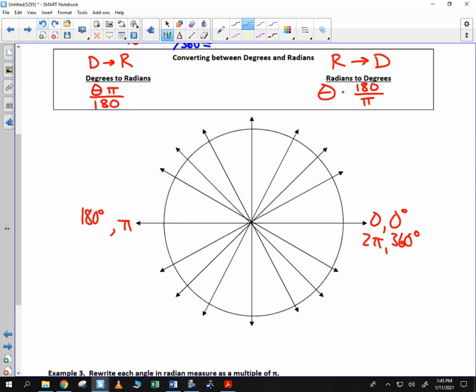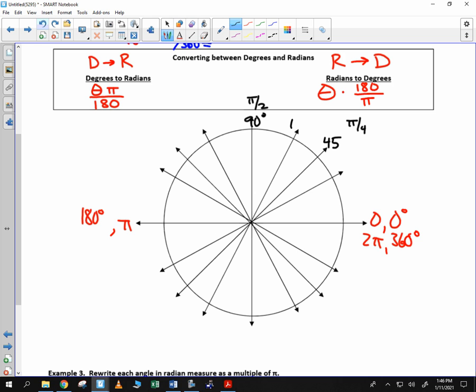So let's begin to mark off some of these other measurements. First of all, I know that this is 90 degrees. And 90 is half of 180. So it would be pi over 2. If I divide 90 in half, I get 45. And so that would be pi over 4.